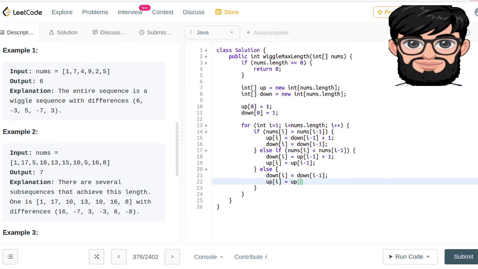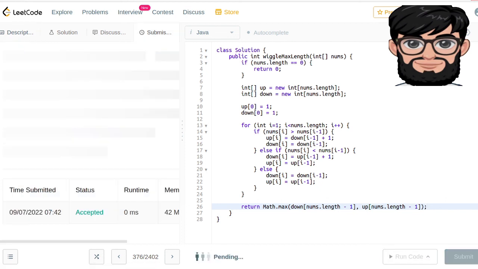And once we are done with this loop, the answer is going to be whatever is the maximum value of the up or down, Math.max, because the last index could add up to either the down array or the up array. So that would be down of nums.length minus 1 or the up of nums.length minus 1.